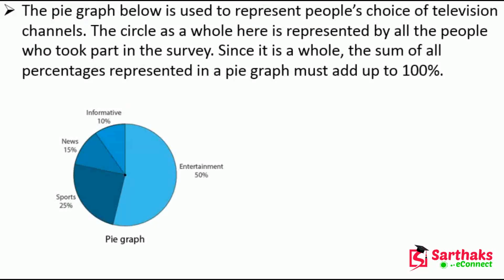Here you can see that with the help of an example you can understand this. The pie graph below is used to represent the pupils' choice of television channels. Here you can see that this is the pie graph. The circle as a whole is represented by all the pupils who took part in the survey.